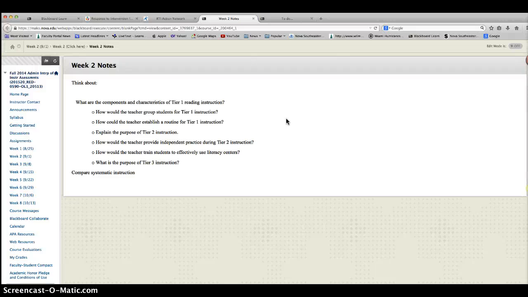How can you establish a routine? What is the purpose of Tier 2 instruction? And how can we provide independent practice during this instruction? How can a teacher train students to use literacy centers effectively? And finally, what is the purpose of Tier 3 instruction, as well as comparing this to systematic instruction?